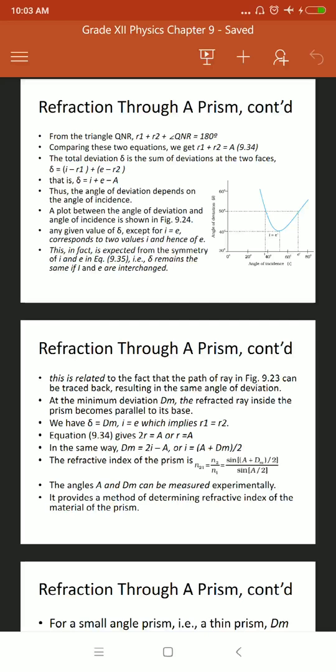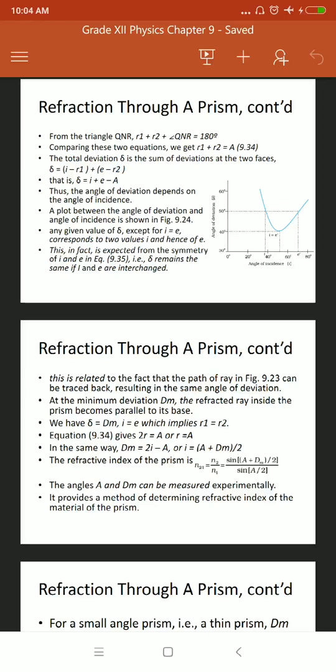If the ray is falling on the AB surface at this particular angle, A plus dm by 2, then we get E with the same value. For that, the refractive index of the prism is n21, that is n2 by n1, where n2 is the refractive index of the prism glass, equal to sine of A plus dm by 2 divided by sine of A by 2.